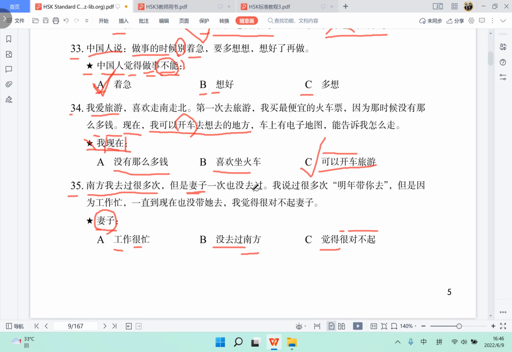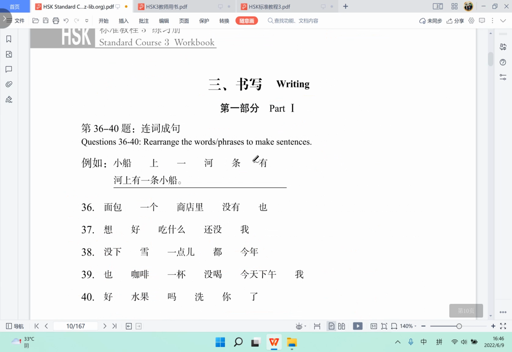So this kind of situation we found the full stop here, so we have to go back to check the first clause of the sentence. Here, 南方我去过很多次, Southern China I've been there several times, but wife haven't been there even one time. So 没去过南方, 对吧? The wife haven't been in the Southern China. Okay, that's it. And then the rest of the writing part, I think I should leave it to you.